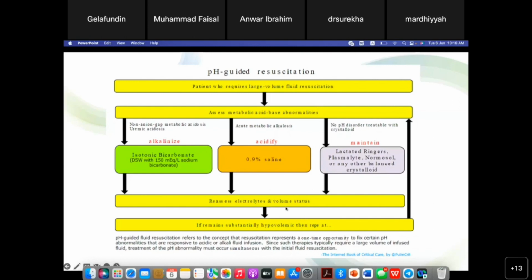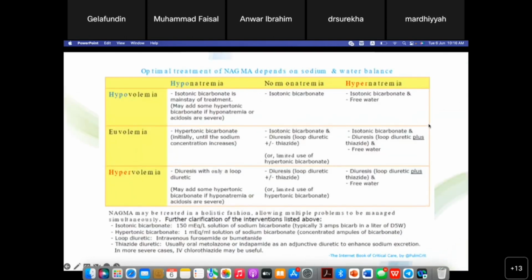The next one is the same also. This is a summarized table from the Internet Book of Critical Care too, for optimal treatment of NAGMA, which depends on the sodium and water balance. As I said just now, if hypovolemic you can consider giving isotonic bicarb. But isotonic bicarb doesn't have much effect on sodium, so you can consider adding on hypertonic bicarb if you want the sodium.